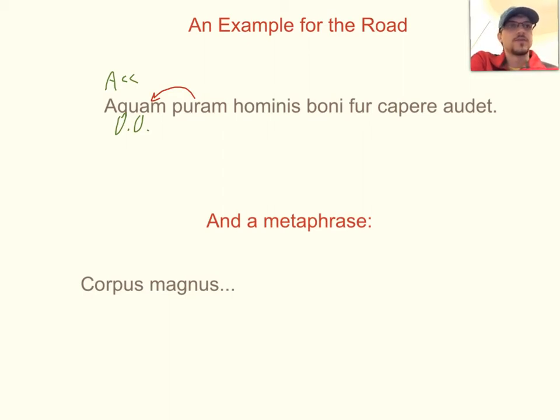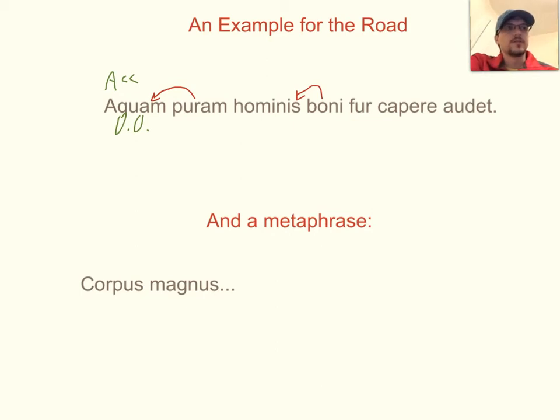So we have to kind of delay that for a second, but the likelihood is that it's agreeing with hominis. If we were to have some nominative plural come next, that's when we would have to start questioning boni. But when we see fur right afterwards and we say, okay, that's nominative, but that's singular, so boni can't agree with it, we're safe saying boni goes with hominis right next to it.